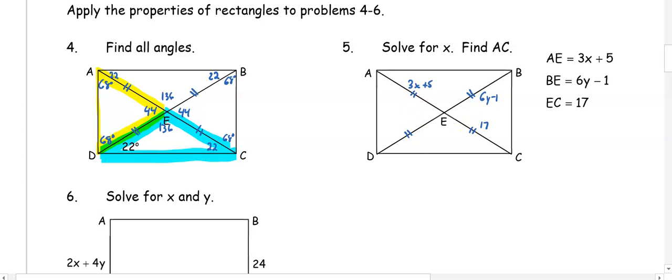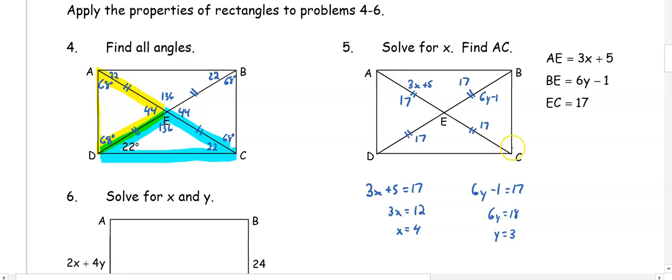So if one is 17, they're all going to have a length of 17. So to solve for x, 3x plus 5 equals 17. We can subtract 5, 3x equals 12. When we divide, x is 4. We can also solve for y, 6y minus 1 equals 17. Add 1, so 6y is 18. Divide, so y is 3.